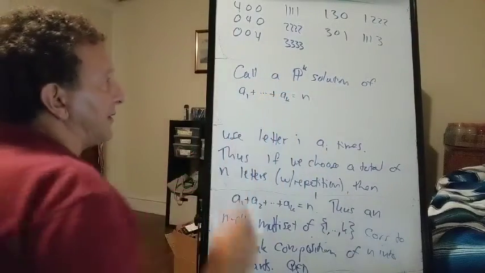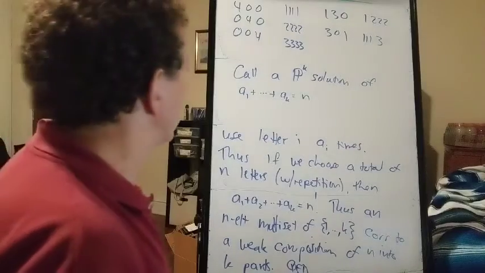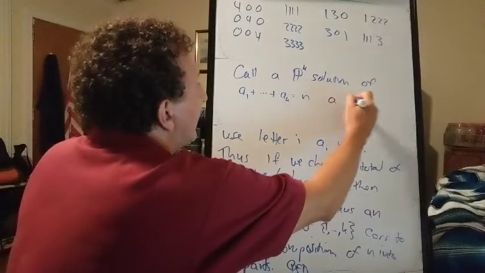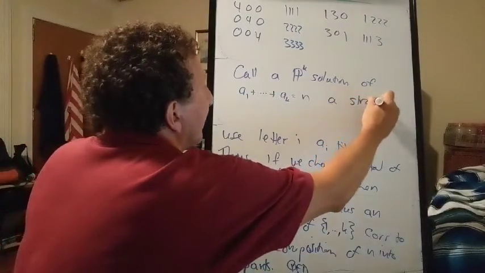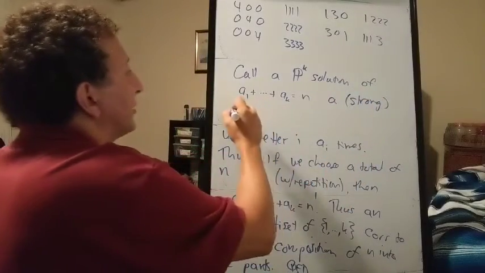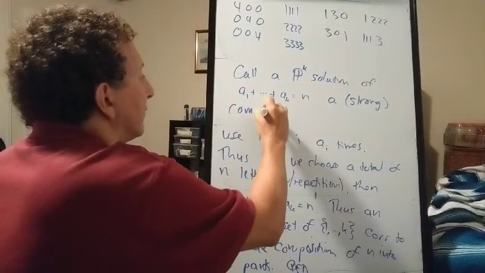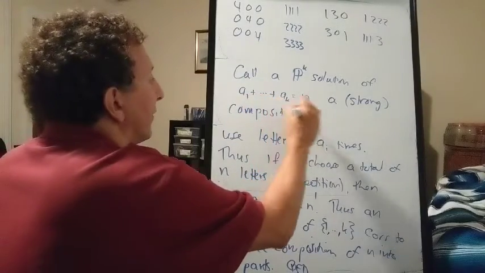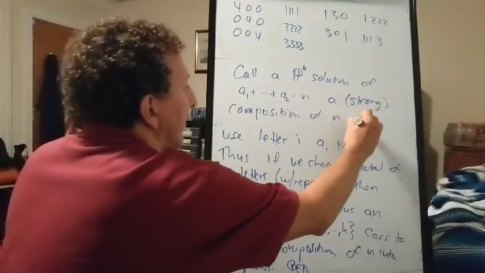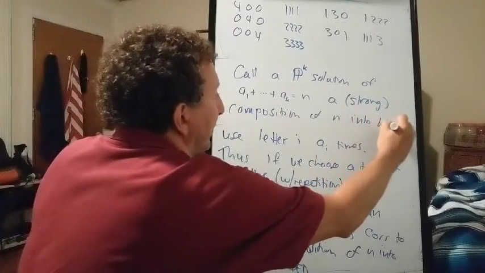So we're looking for positive integer solutions a1 through ak. We call that a strong composition of n, or just a composition of n into k parts.